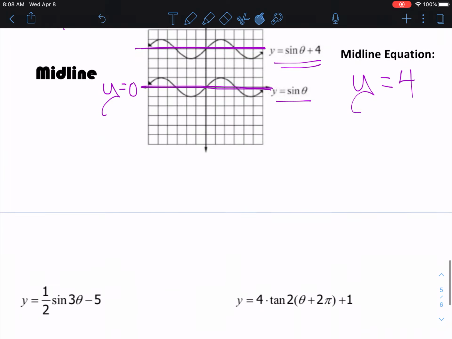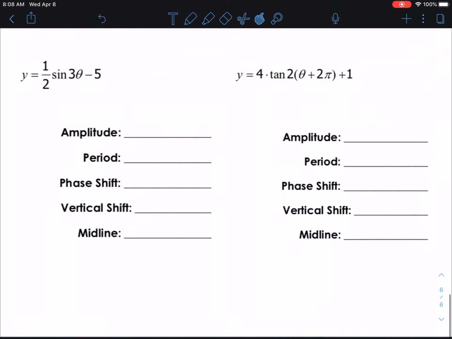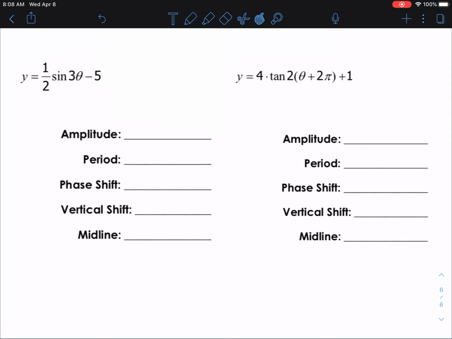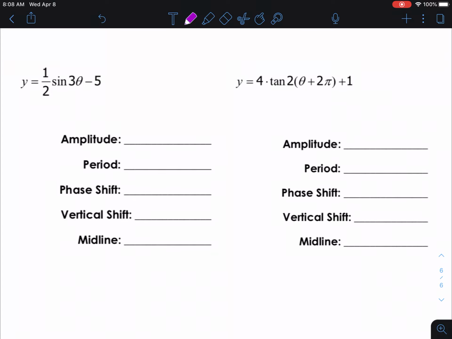Let's put this together and look at how we would come up with the amplitude, period, shifts, and midline equation for these two functions. Let's look at the first one. It says y is equal to a half sine of 3 theta minus 5. Our amplitude, remember, is our A value, so our amplitude is just a half.